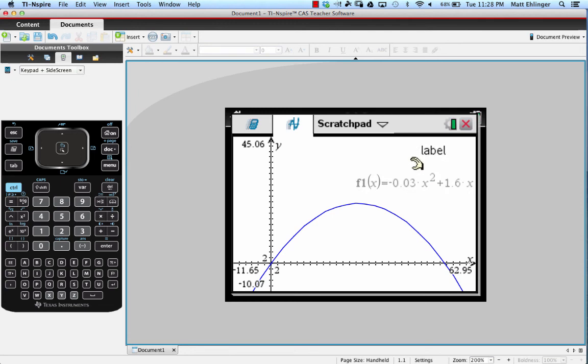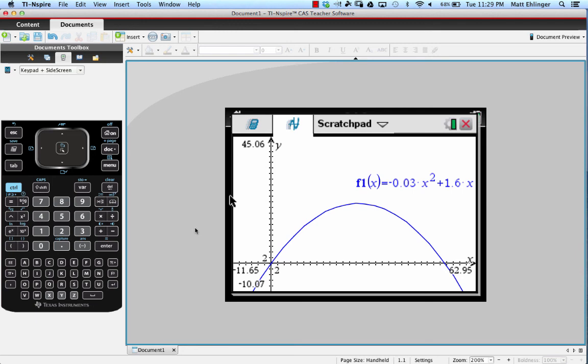Since we're doing a problem involving a real-world situation, we're really only going to concern ourselves with the first quadrant. I want to see the max height of the soccer ball, and I also want to see the total distance that the soccer ball traveled.